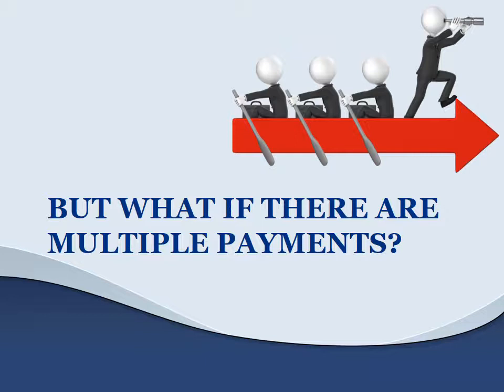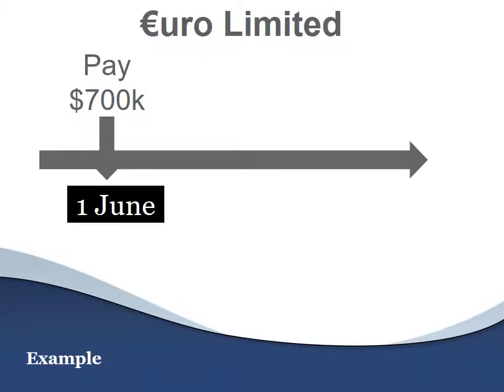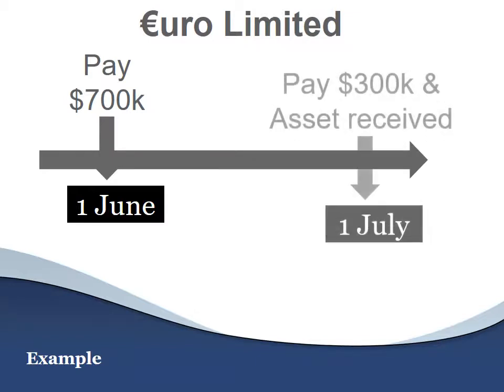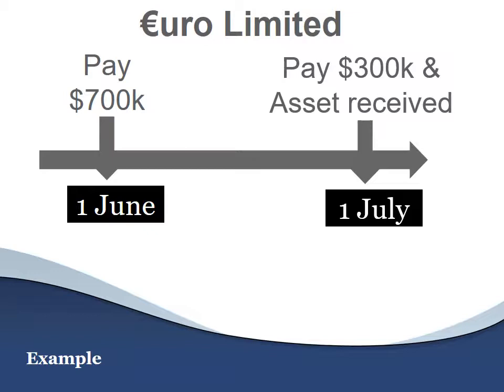I will pay a portion of it. Assuming that I pay $700,000 on the 1st of June, and on the 1st of July I pay the balance of $300,000, and at that same date I also receive the asset, what rate of exchange should I be using in that situation?